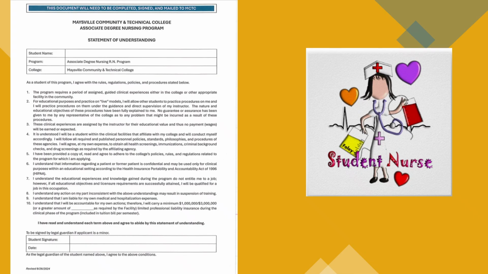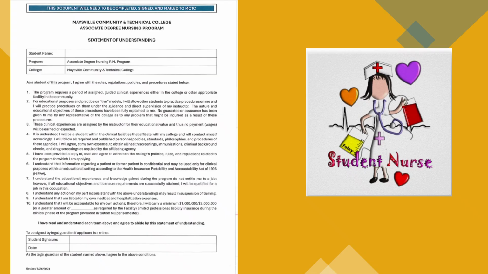I understand that the educational experiences and knowledge gained during the program do not entitle me to a job. However, if all educational objectives and licensure requirements are successfully obtained, I will be qualified for a job in this occupation. I understand that any action on my part inconsistent with the above understandings may result in suspension of training.